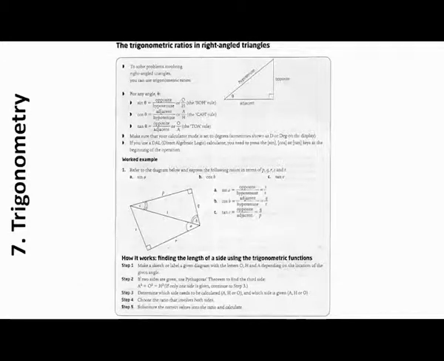Trigonometry, we know that sin theta will be the opposite side over the hypotenuse, and cos will be the adjacent side over the hypotenuse, and tan will be the opposite side over the adjacent. And there are some examples that you can go through.